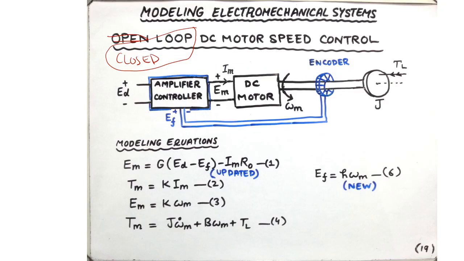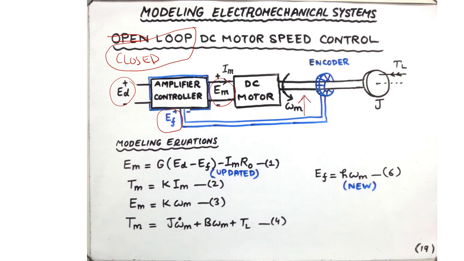Then the consequence of this feedback is, if for example the motor is running at lower speed than what's needed, then the difference between ED and EF will be large, and therefore this EM will increase, and that will in turn increase the speed of the motor.